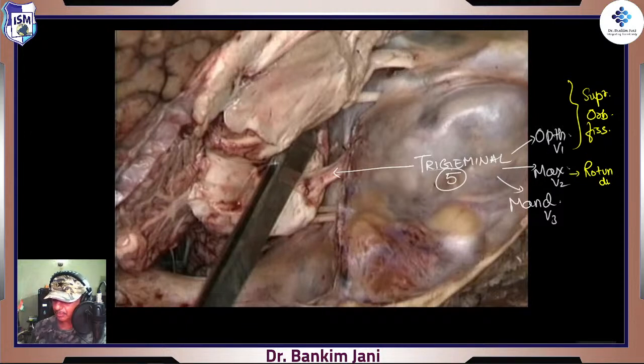Foramen rotundum was in the middle. And the posterior one, through which the mandibular portion was passing, that was foramen ovale, right? Rotundum was round, that's why it was rotundum, and ovale was oval. So that's how they will be passing.